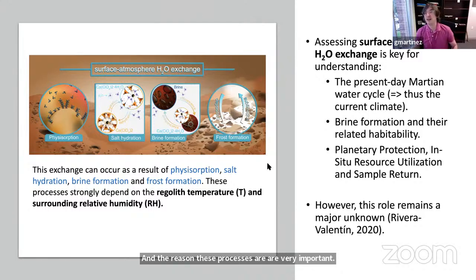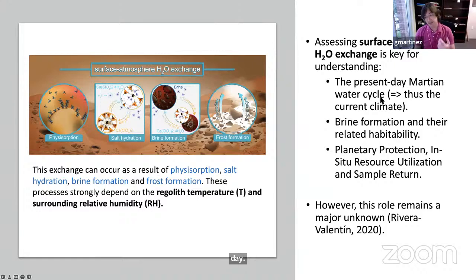Okay, I'll continue. So the reason surface atmosphere water exchange is key is because it strongly affects our understanding of the present day Martian water cycle. And this also in turn affects the current climate.